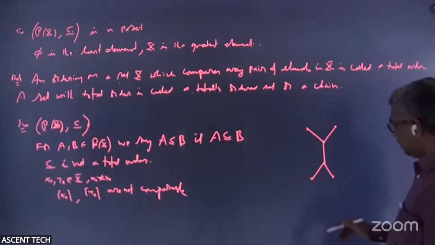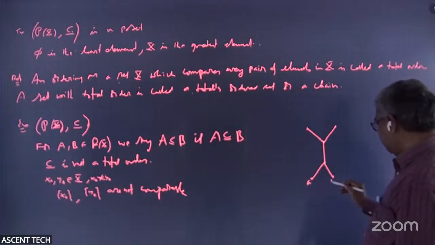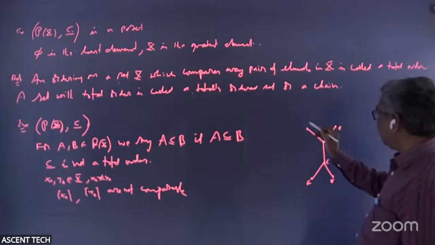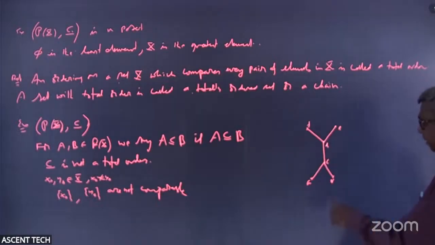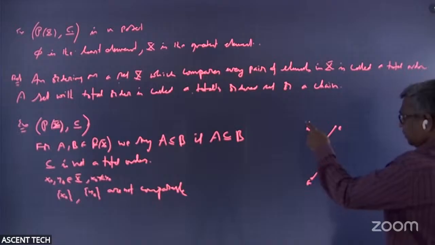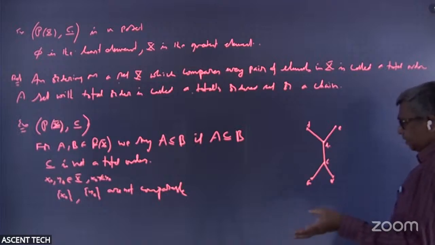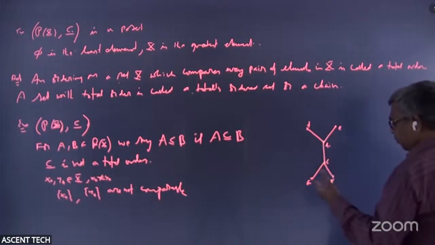So the inequality is like this: A, B, C, D, E, F. You are given that A is less than or equal to C, C is less than or equal to D, D is less than or equal to F. Of course, you can see transitivity, everything. Reflexivity, A is equal to A. Reflexivity, antisymmetry, and transitivity will follow when you write like this.